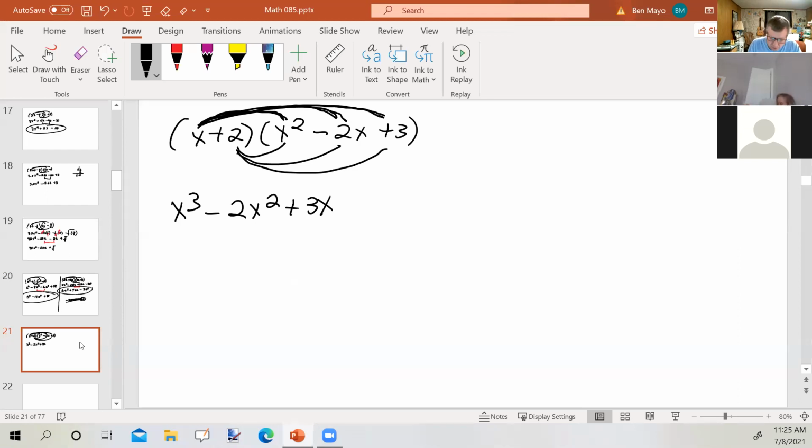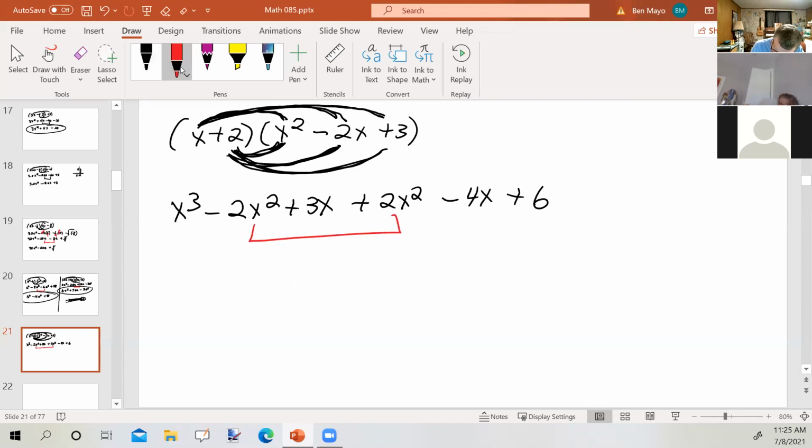Then moving on to the 2 times x squared plus 2x squared. 2 times minus 2x minus 4x, and then 2 times 3 is a plus 6. So there's my 6 products. Then I'm going to come back and combine like terms.